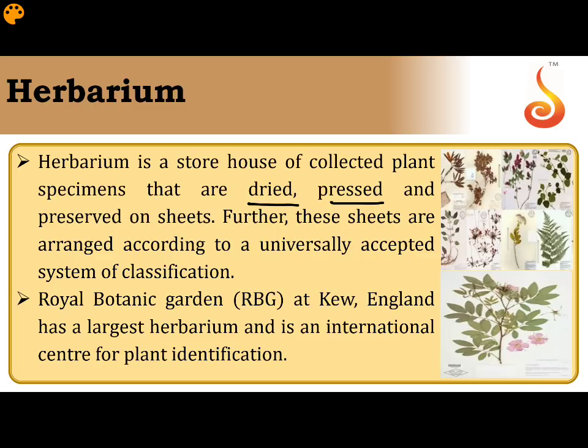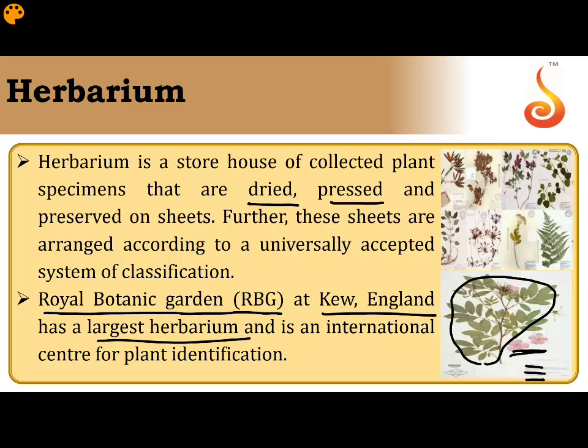You can see in these pictures, the twig of a plant along with certain flowers being dried, pressed and stuck on the sheet. Along with that, they maintain certain small records. The Royal Botanical Garden in Kew, England, has the largest herbarium in the entire world.